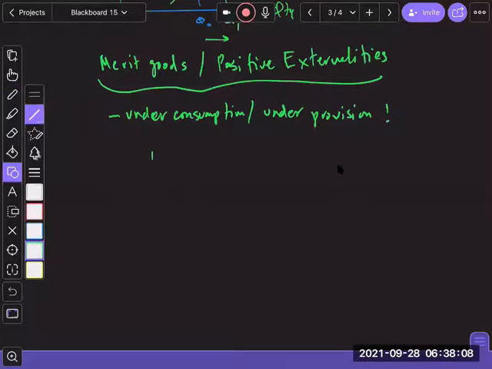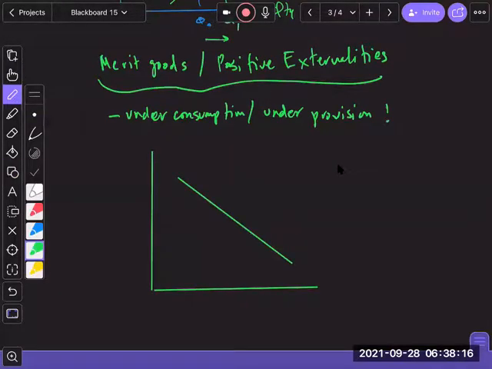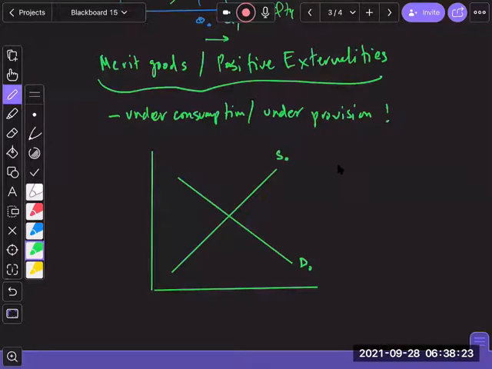And I can draw the diagram here. I did draw the diagram earlier also. For example, in the case of education, which is a merit good, the demand isn't enough. Or let's talk about vaccines. The demand should be more, the demand should be here.